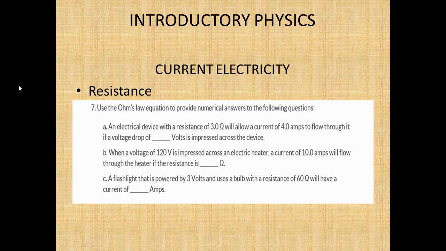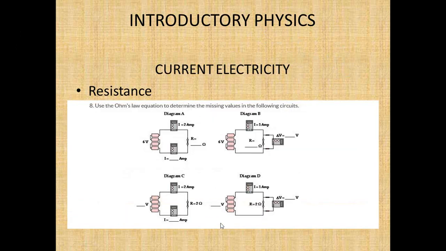So just to crystallize the knowledge somewhat, let's move on. Okay, so these are circuits, and you should have an understanding of how to rearrange the equation to get certain things.